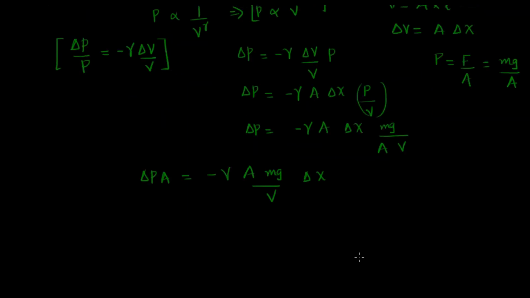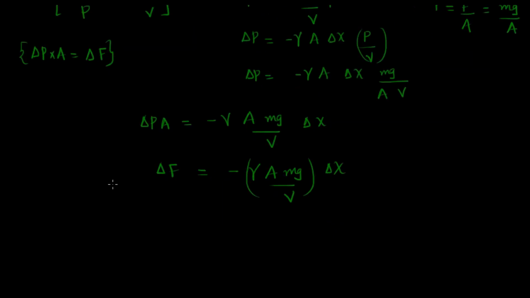So delta P into A is delta F, right? From this equation itself, it is very clear. This delta P into A will be delta F for a constant area of cross section. So delta F will be equal to minus gamma A mg by V times delta X. Now we can see that this is of the form F equal to minus Kx.